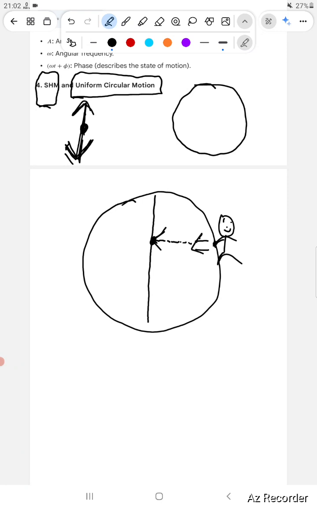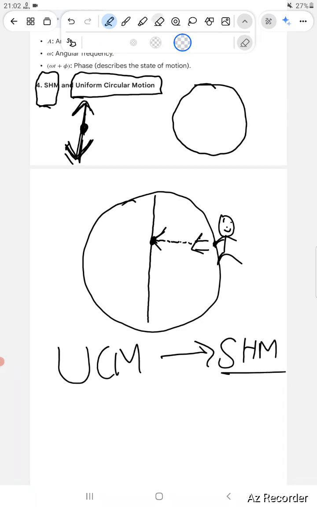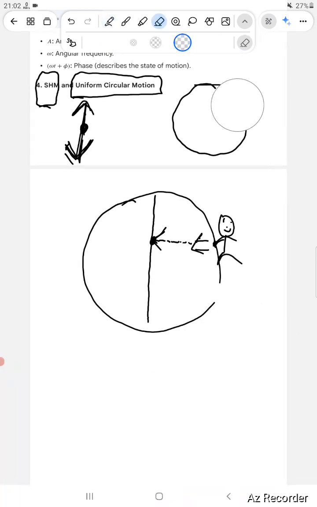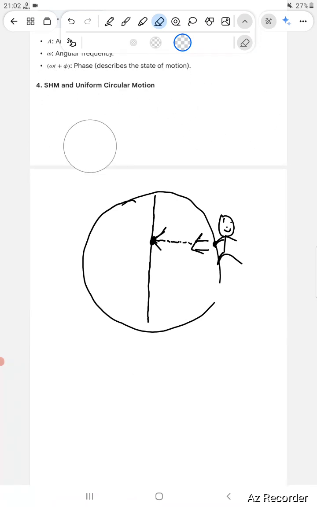But here we are adopting one logic. Using that logic, I will map UCM into SHM. Mapping means conversion or representation of UCM into SHM by using one logic. What is that logic? Now let us see.